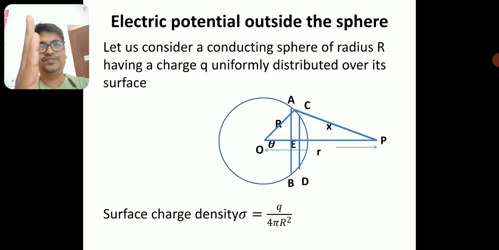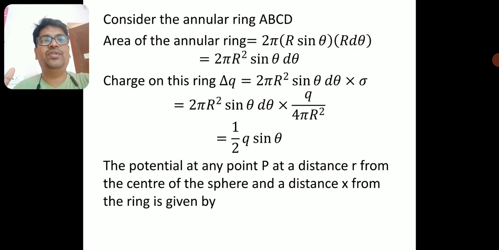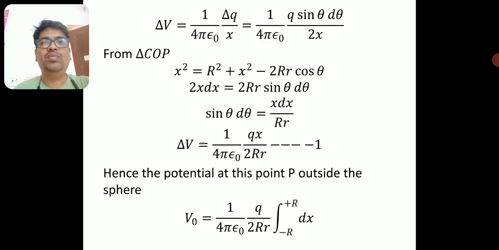If this end is minus r from the center, the other end will be plus r. So integrating from minus r to plus r covers the entire sphere.